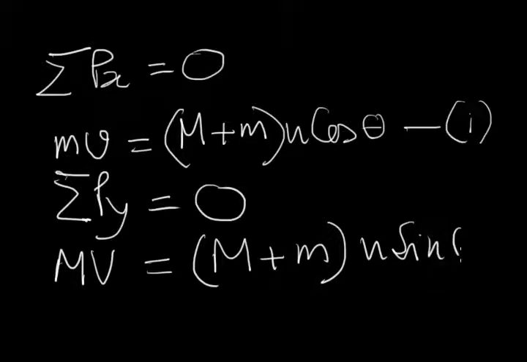So now we have these two equations where we need to solve for the value of u and the value of theta. Once we write down the equations, the simplest way of solving them is squaring and adding to get u, and dividing to get the value of theta. So let's see what we can do to solve that.